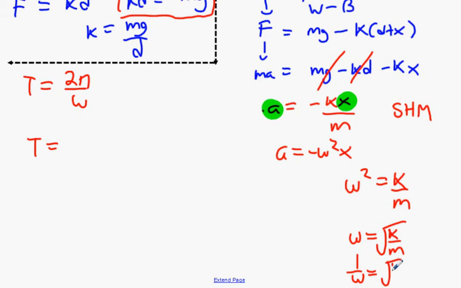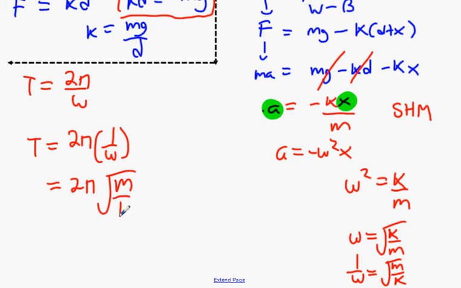It'd be m over k. So look at this. Periodic time is 2 pi over omega. Technically speaking, 2 pi times 1 over omega. 1 over omega is root m over k, so T equals 2 pi root m over k. I'd imagine you get full marks there, okay?